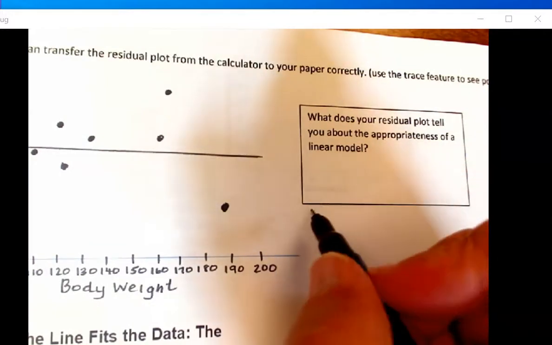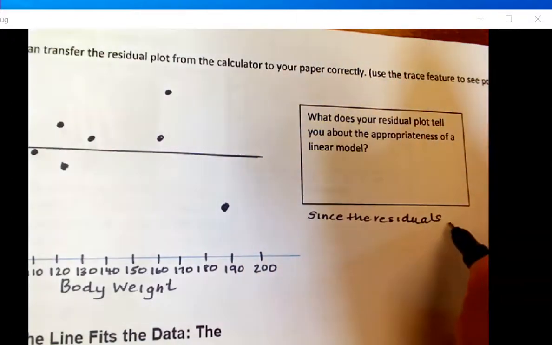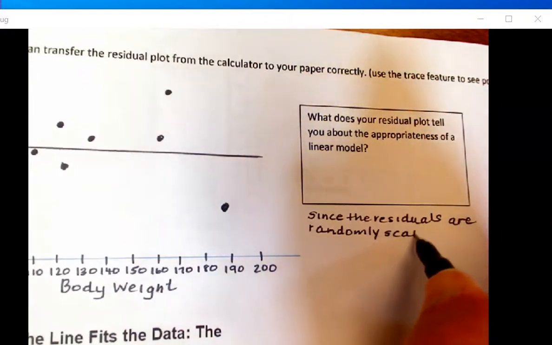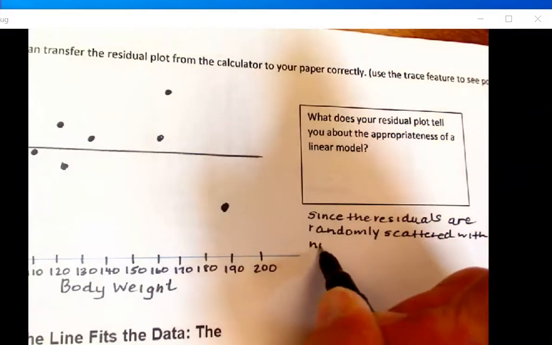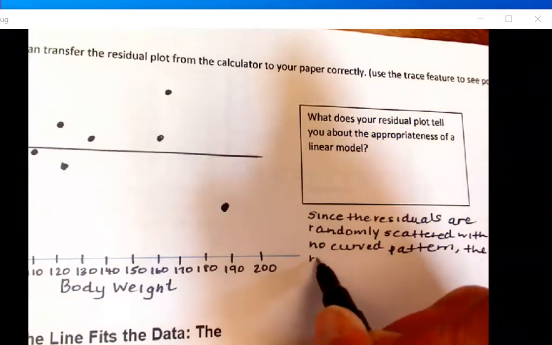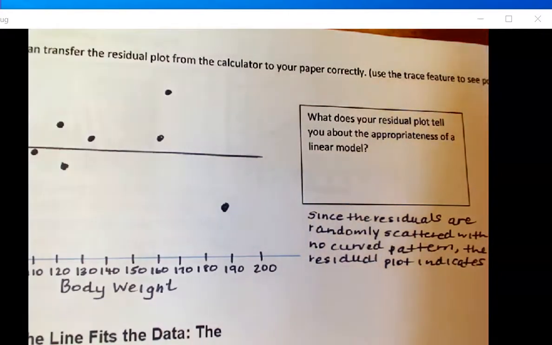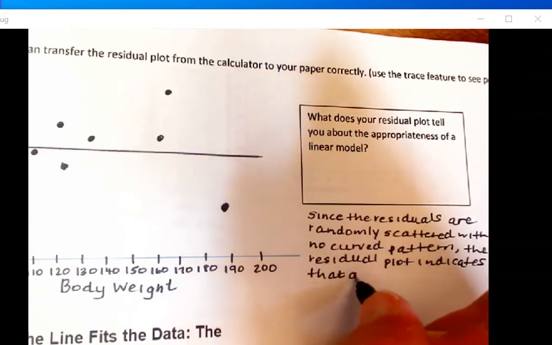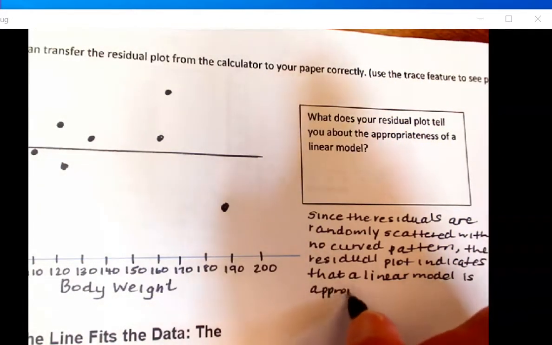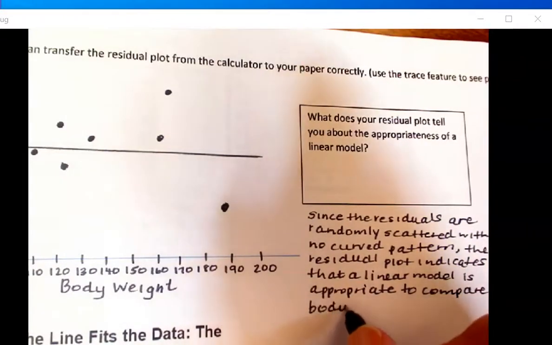Okay, so we're going to write that down. Since the residuals are randomly scattered with no curve pattern, the residual plot indicates that a linear model is appropriate to compare body weight and backpack weight.